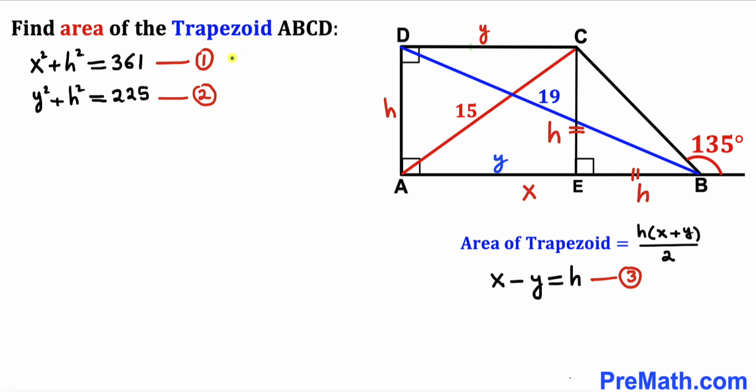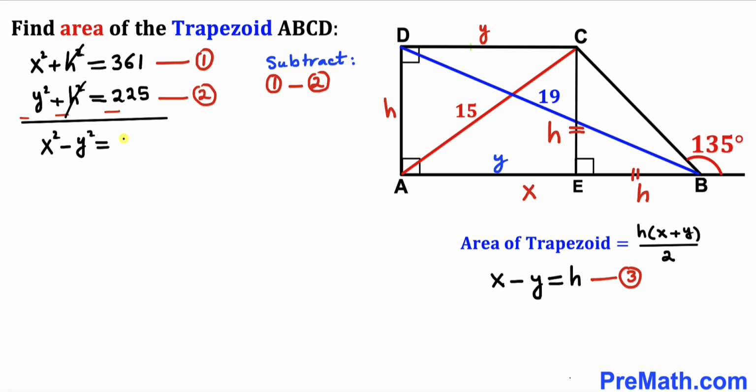And here's our next step. Let's focus on these two equations, equation 1 and 2. And now we are going to subtract this equation 2 from this equation 1. So let's go ahead and subtract. I'm going to change these signs. This becomes negative, negative, and negative. Let's go ahead and we can see that this h square and minus h square is gone. So we ended up with simply x square minus y square turns out to be 136.